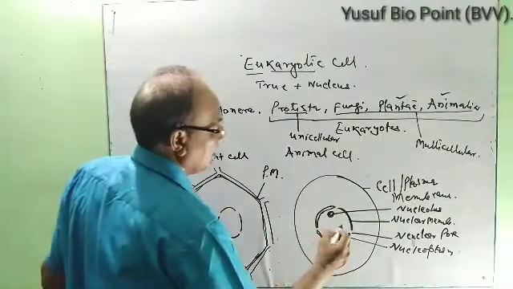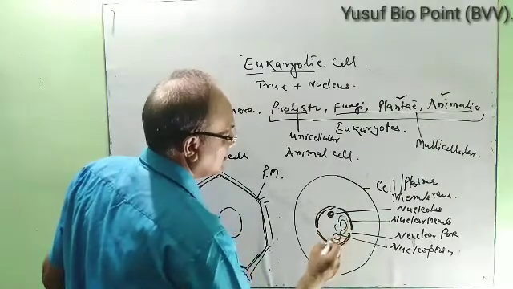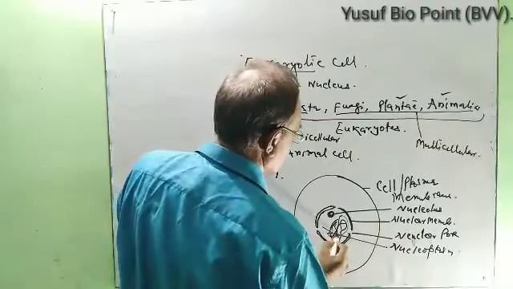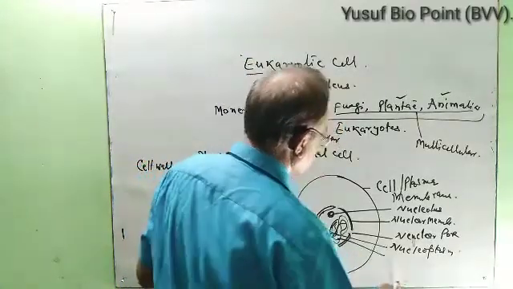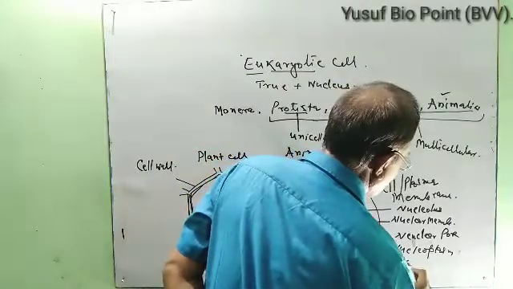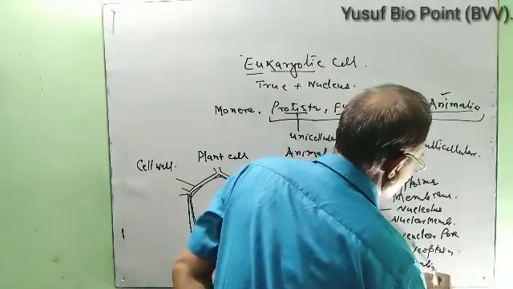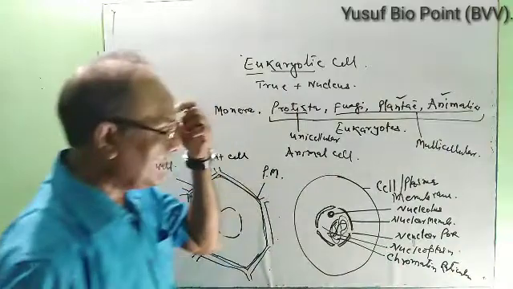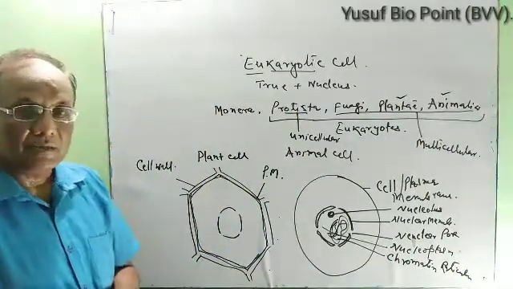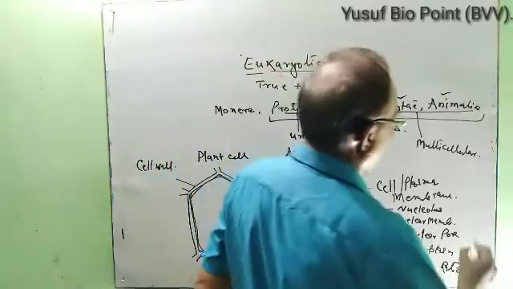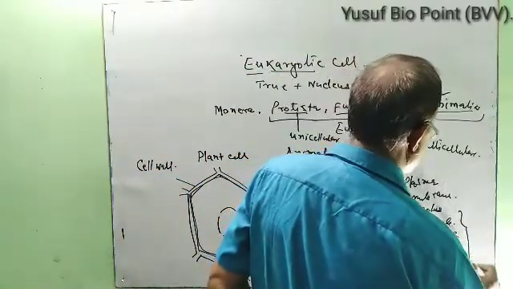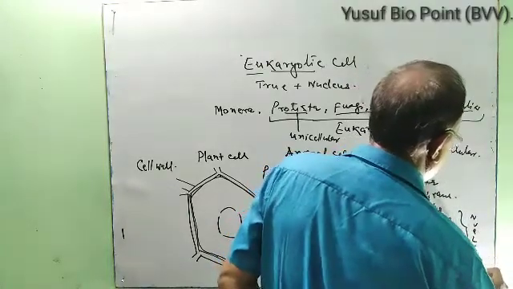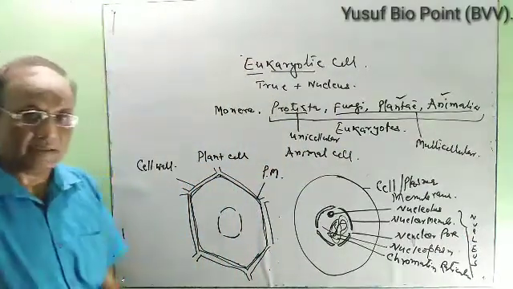And there are some coiling thread-like structures, the chromatin reticulum, a net-like structure. They all combinedly are called the nucleus. Understand?